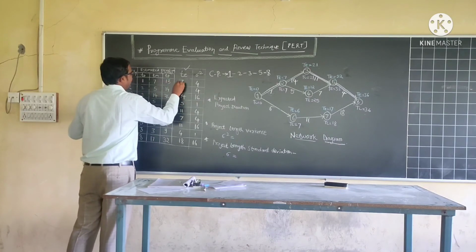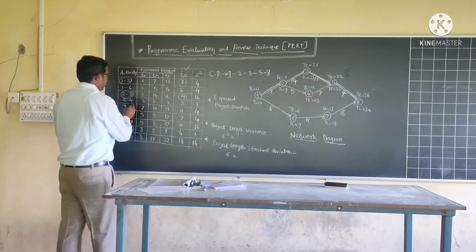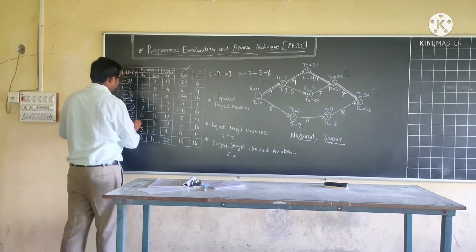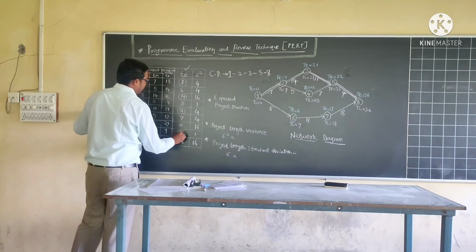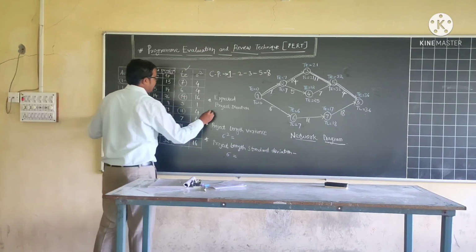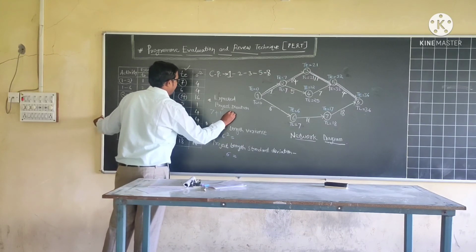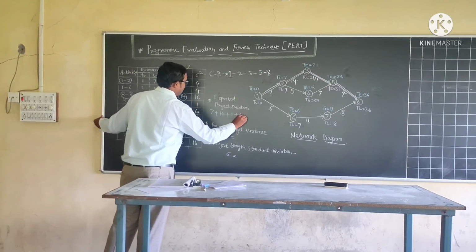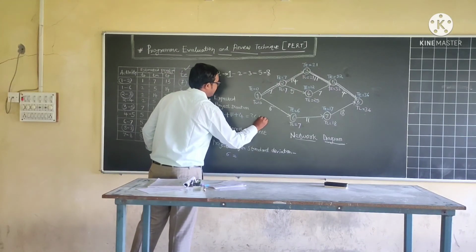So 1 to 2, 7; 2 to 3, 14; 3 to 5, 11; and lastly 5 to 8, 4. So make addition of all these. 7 plus 14 plus 11 plus 4. You can get the answer 36 weeks.